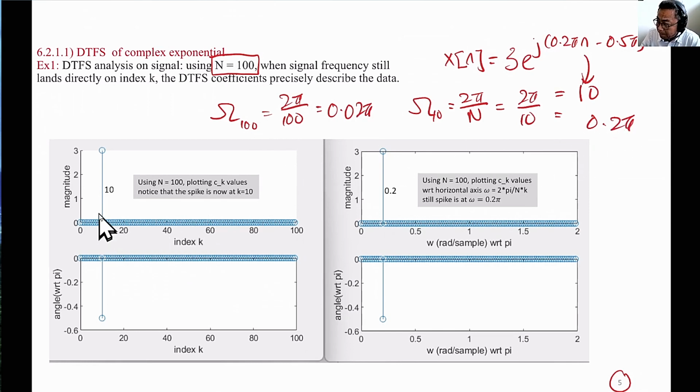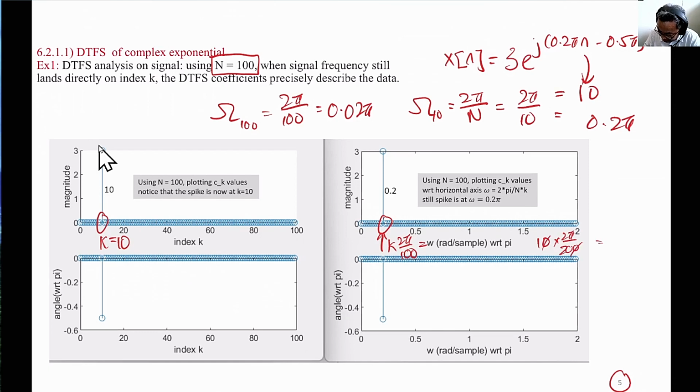So in the DTFS representation now, the spike is sitting at index k equals 10. Because at k equals 10, this point is k times 2 pi over 100, which is simply 10 times 2 pi divided by 100.